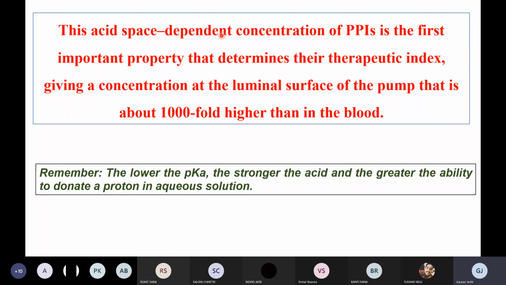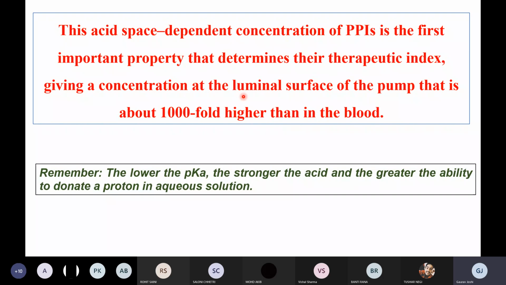This acid space dependent concentration of the proton pump inhibitor is the first important property that determines their therapeutic index. You might know the therapeutic index is related to drug efficacy, that is, what is the dose and what is the response. This gives a concentration at the luminal surface of the pump that is about 1000-fold higher than in the blood.